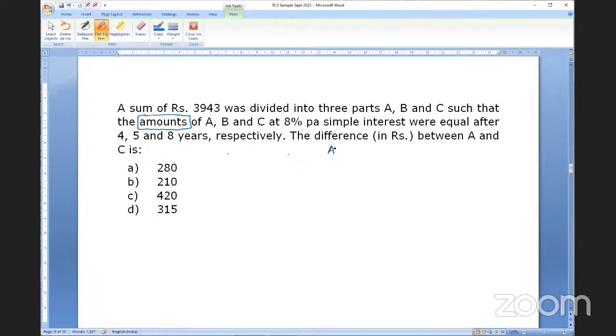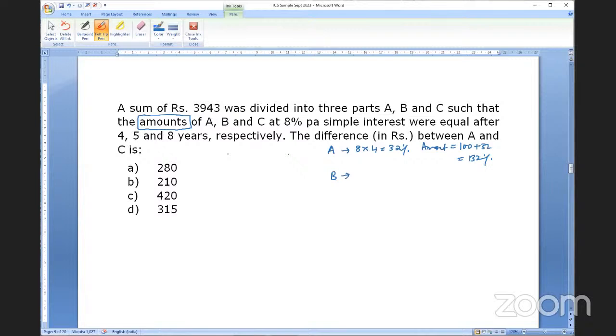That means A have gained 8 into 4, that is 32%, and its amount become 100 plus 32, that is 132%.